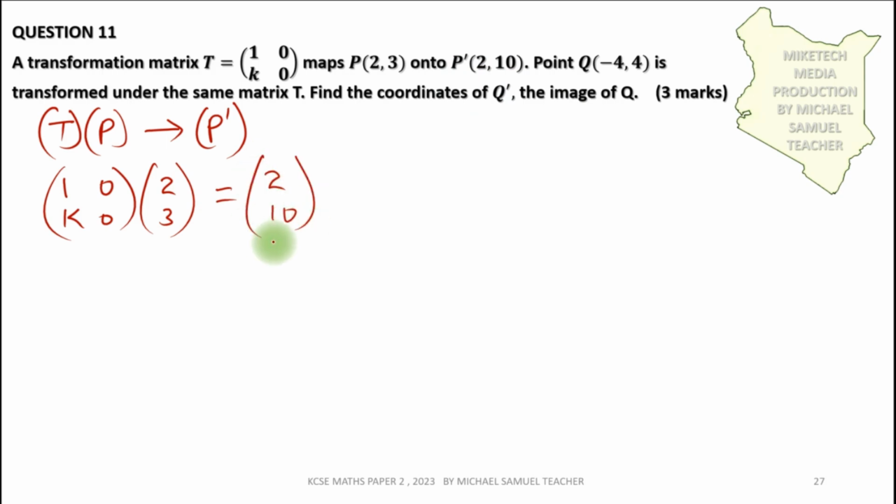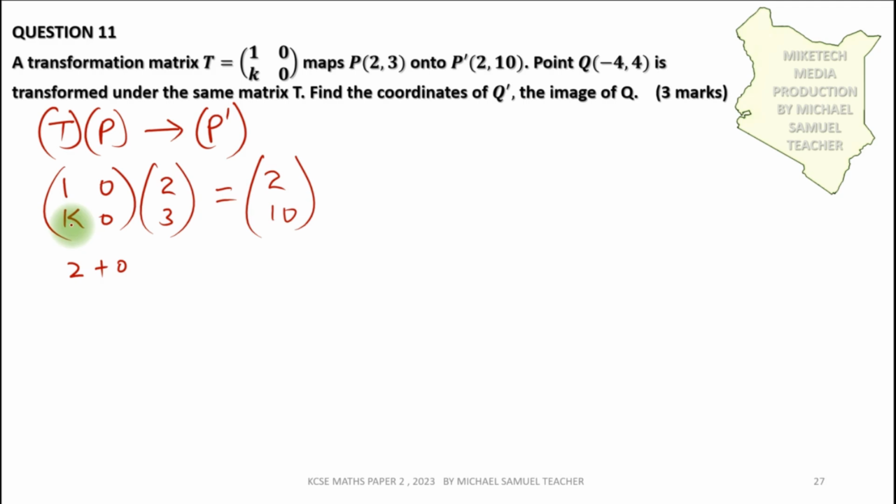So we need to find the value of K. In the multiplication of matrices, 1 times 2 is 2, plus 0 times 3 is 0.